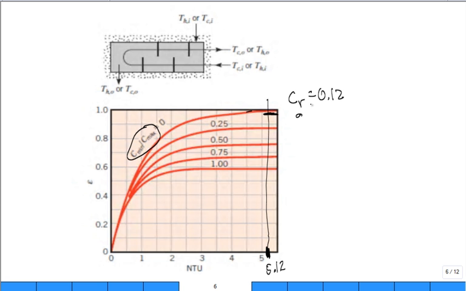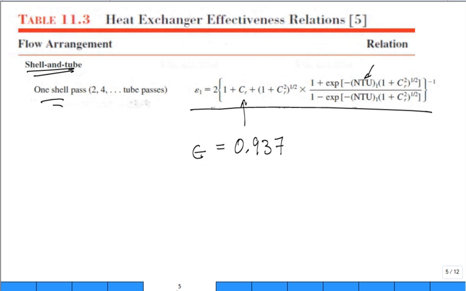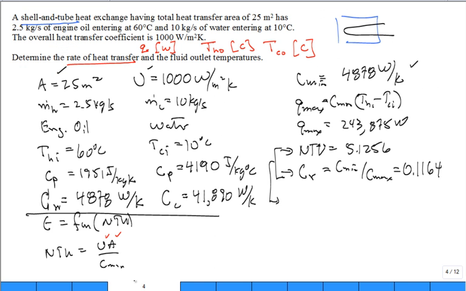They have it a little too high, I think. It's around right in the middle, right? This is 0.25, that's 0. 0.12, it's right around the middle, and we're right around there. So it's effectiveness about 0.94. What did we get from the equation? 0.937, 0.94.